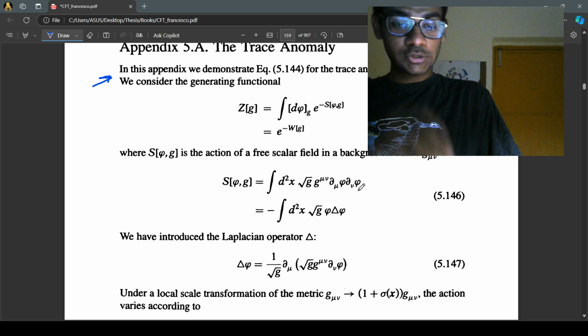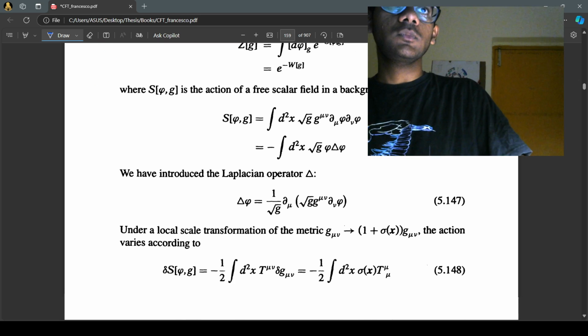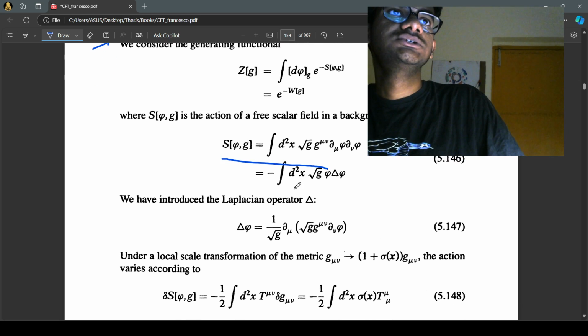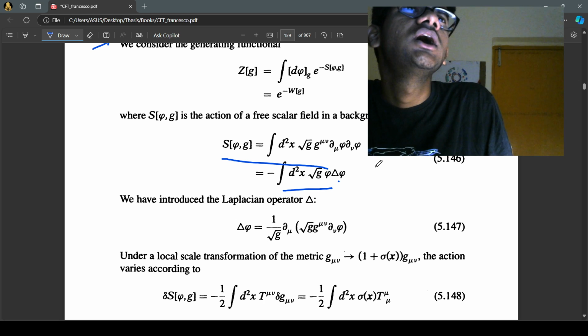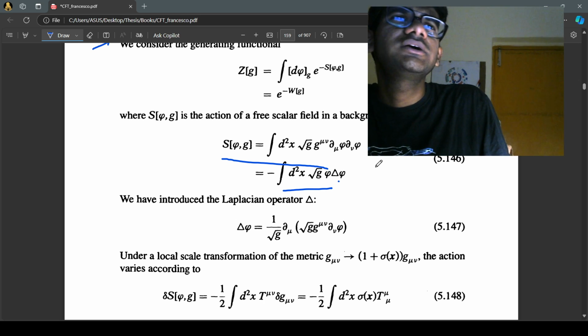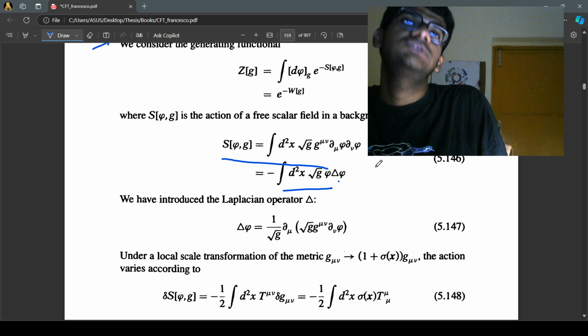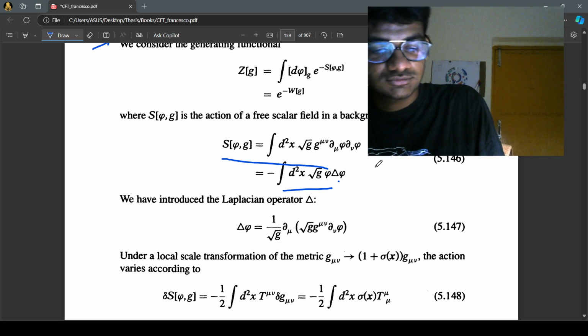Okay, so here's the action. A short notation for this is the Laplacian operator. I see, I think we even did this.